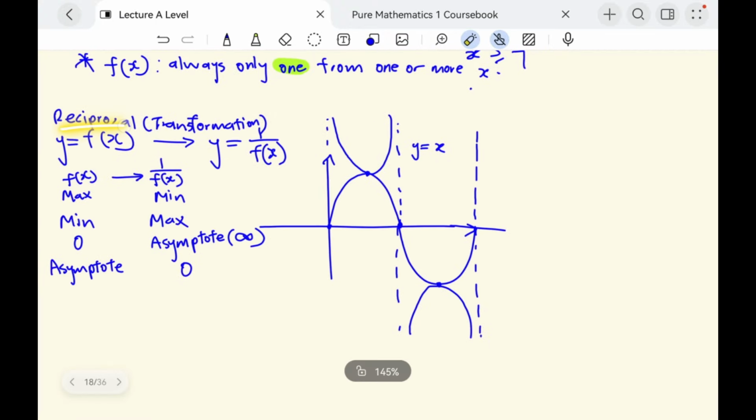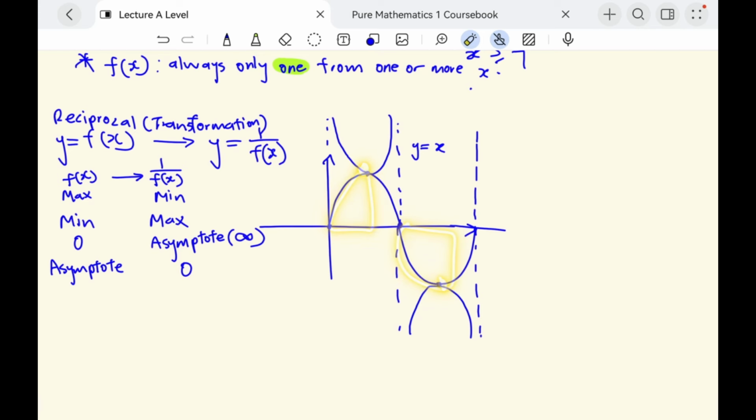So here is a special case, which is the reciprocal. Okay? That means you need to swap the numerator and denominator in the opposite sides. That means you need to let your entire fx be the denominator, to let it become like this, y equals 1 over fx. So let's say I give you an example of the sine function. Each half quadrant has a maximum point or minimum point.